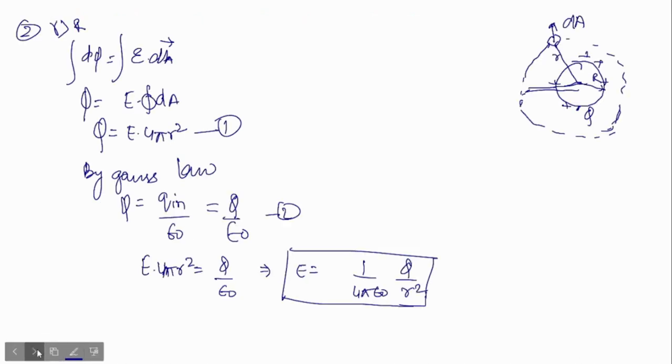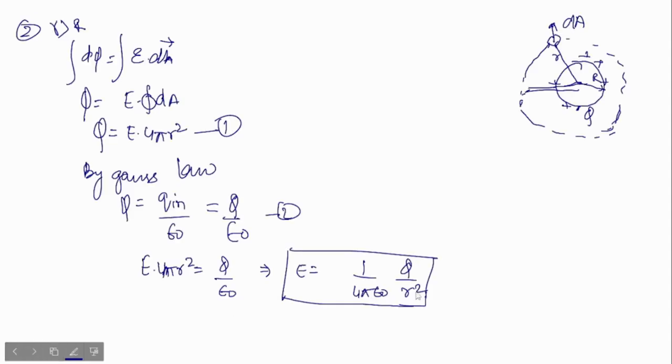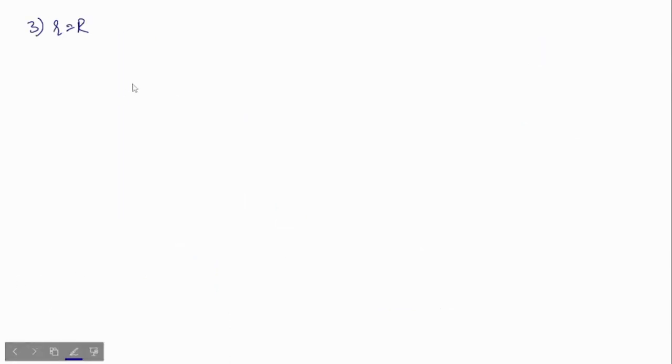Now our third case, when small r is equal to capital R, that is at the surface. We just need to substitute small r by capital R, the original radius of the sphere.